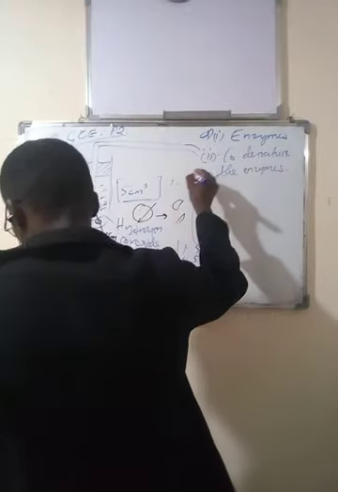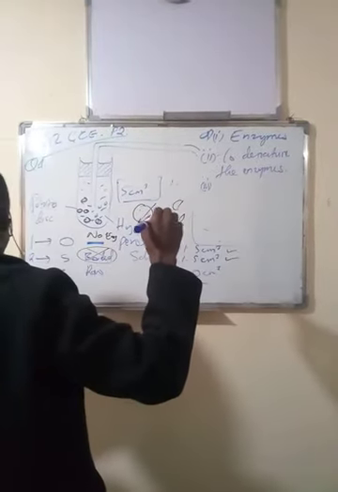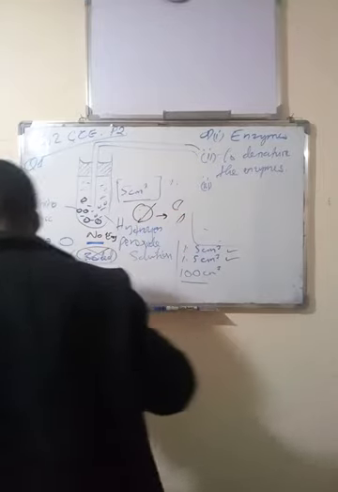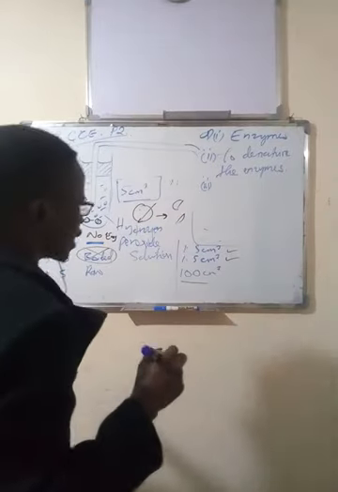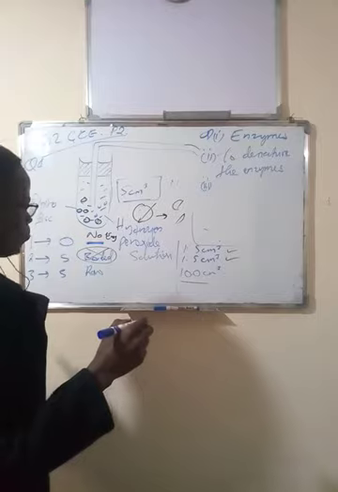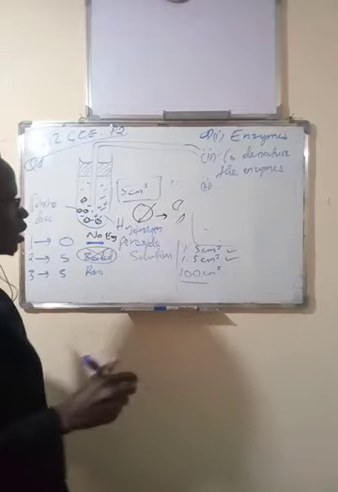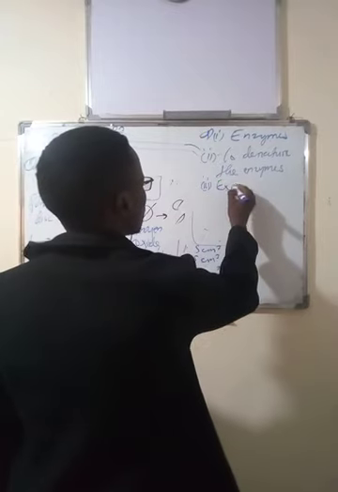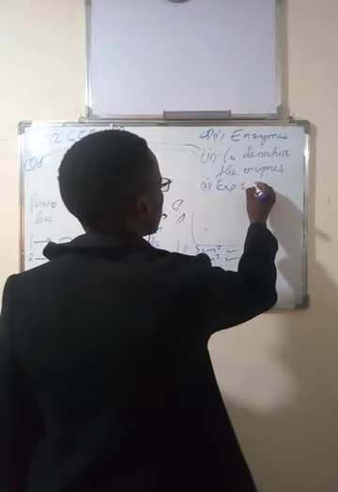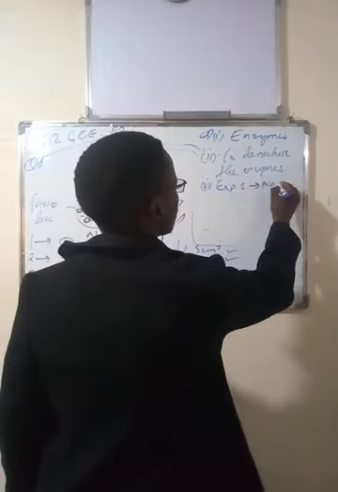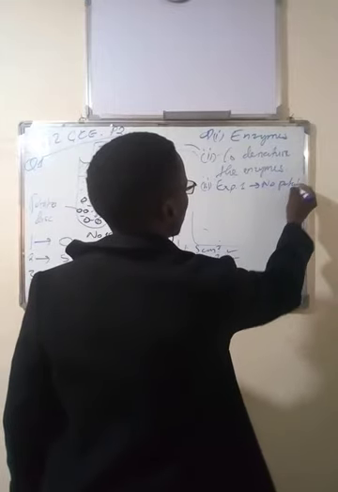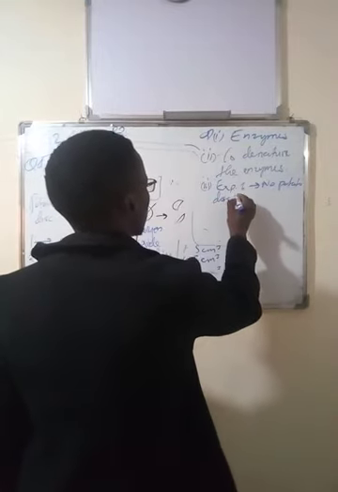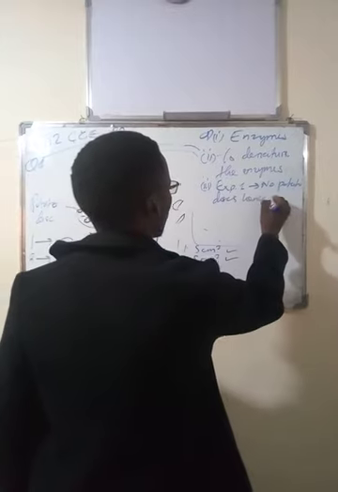Number 3 says, explain the difference in results obtained between the experiments. We've already explained. In experiment 1, there were no potato discs, hence no enzyme.